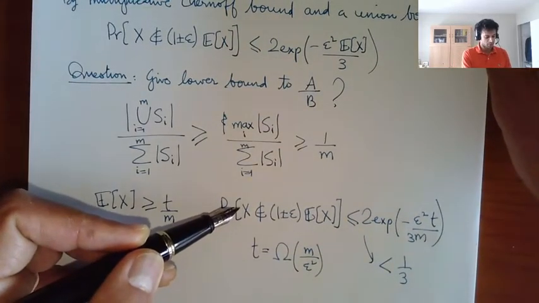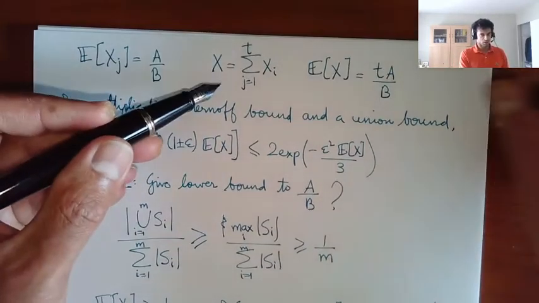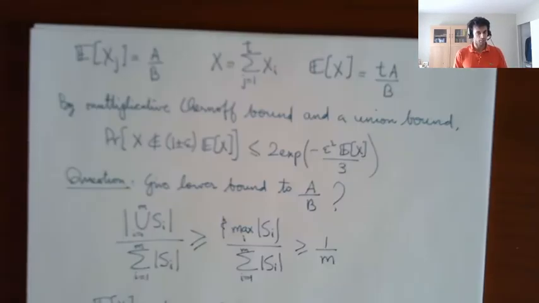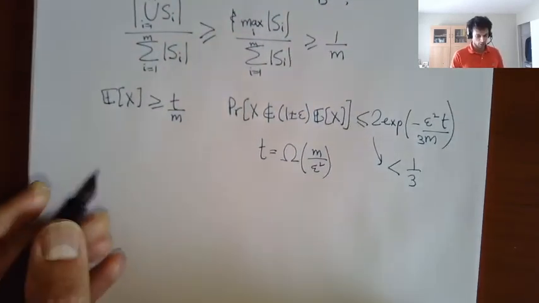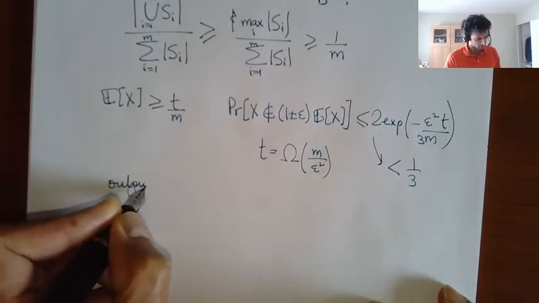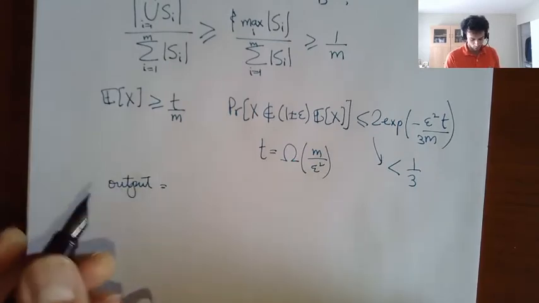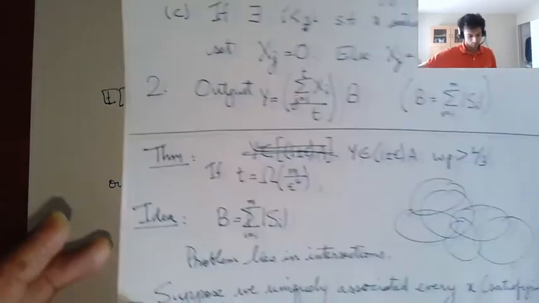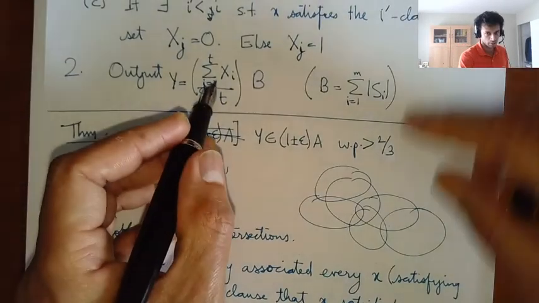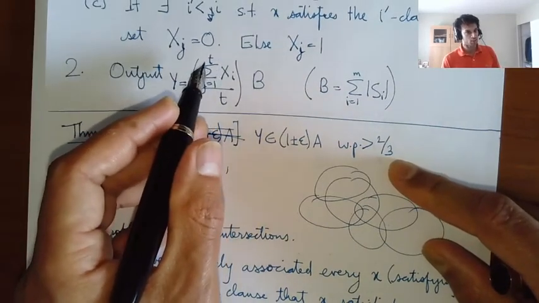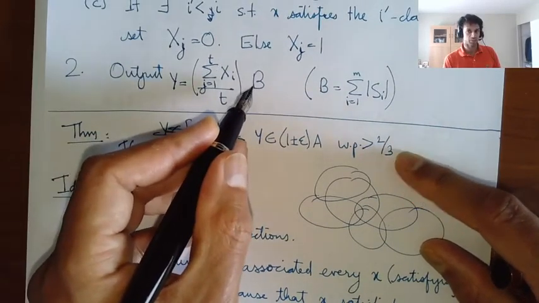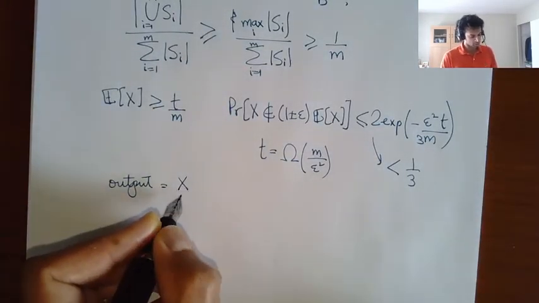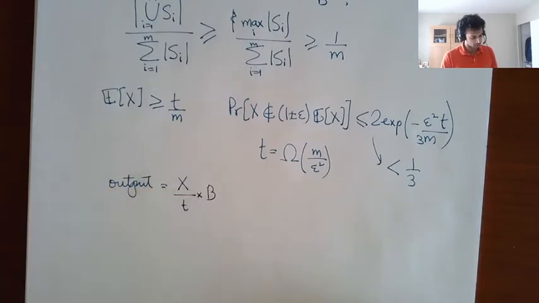So therefore, x, which is the sum of successes, can be used to estimate the expected number of successes, and recall the output that we got is x divided by t times b.